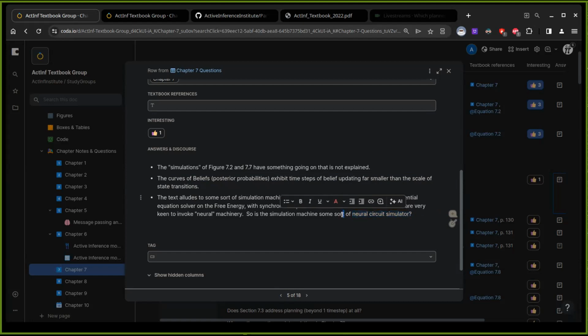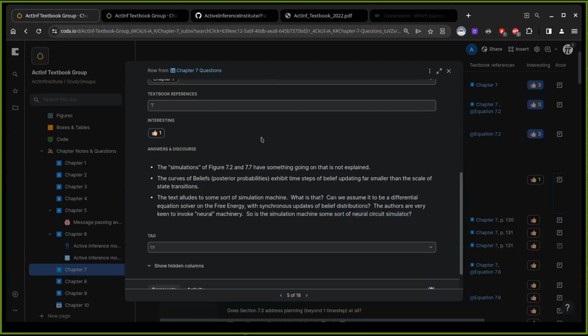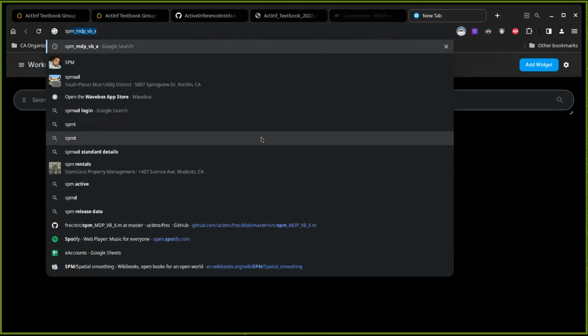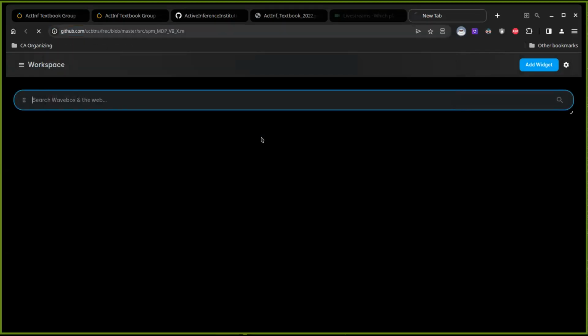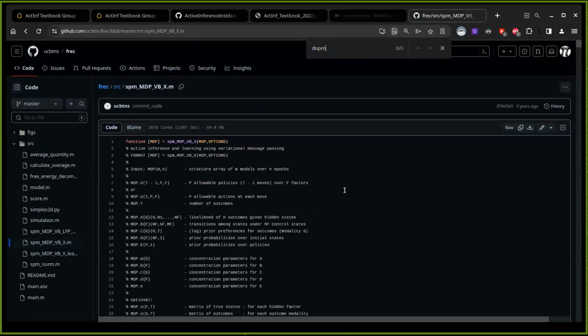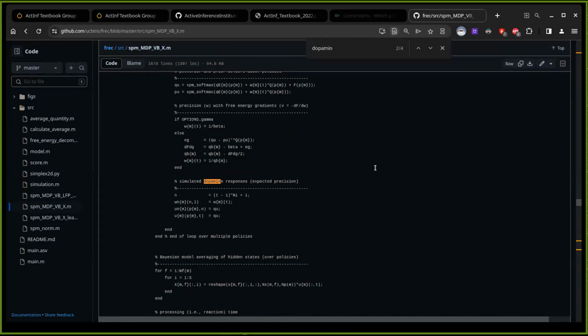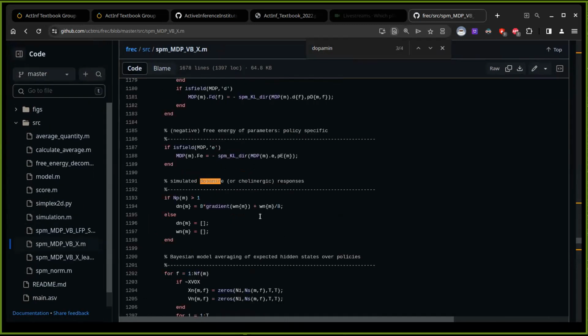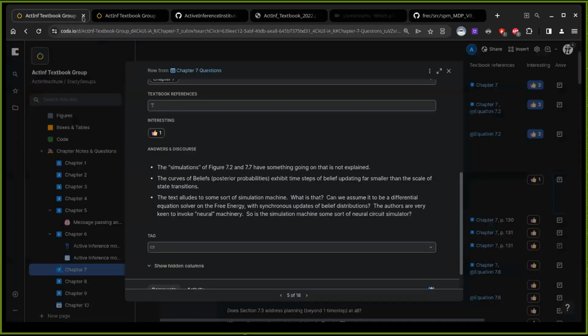Yes, it does include, like when we looked at the SPM VBX, it has a section on dopamine. And I think that is being displayed in continuous time, interpolated.